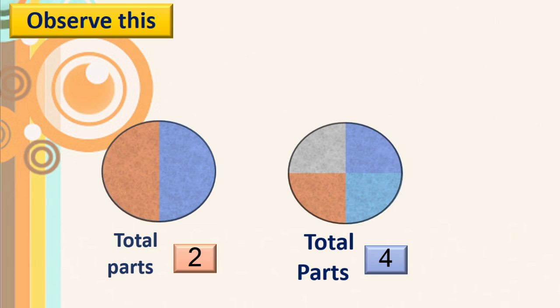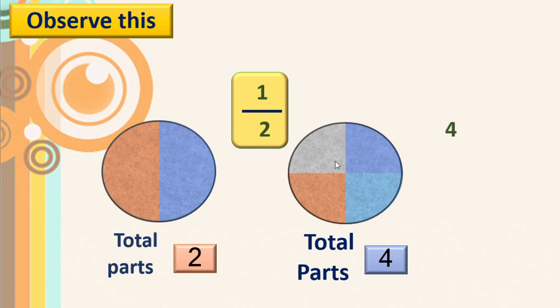Here total parts are 4. Now dear children, see this first. Out of 2 parts, how many blue color parts are there? Only 1. So this half part is colored in blue. So how do we write half?